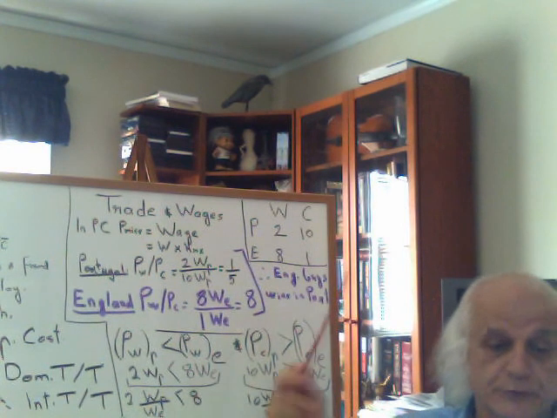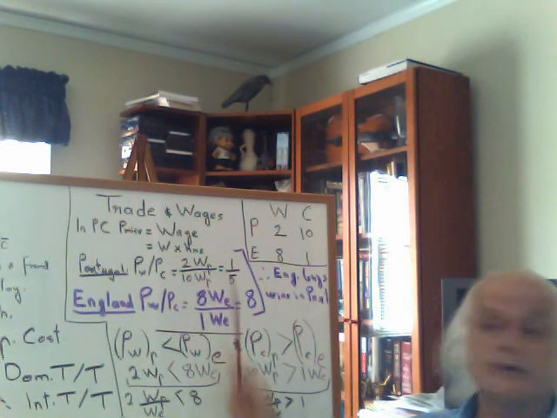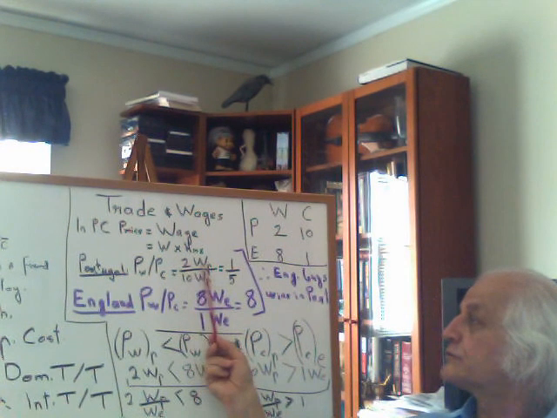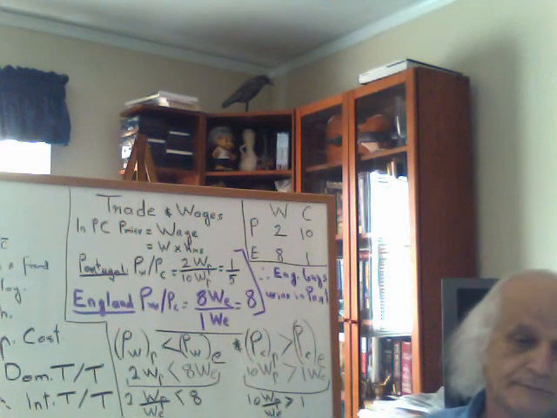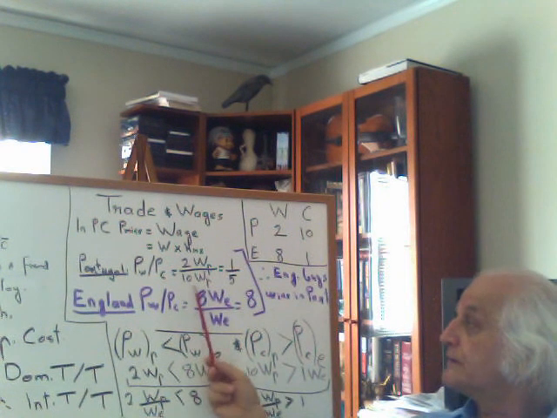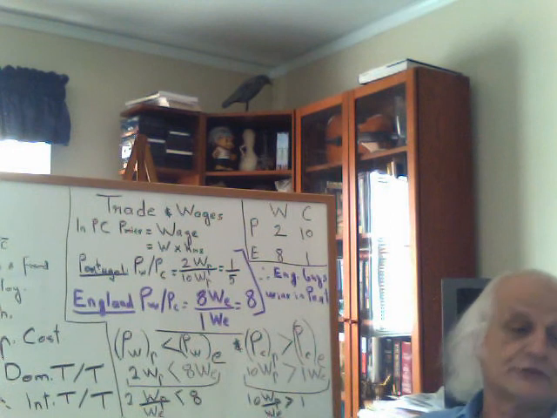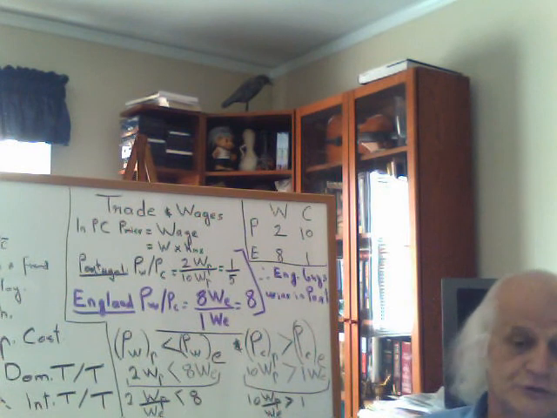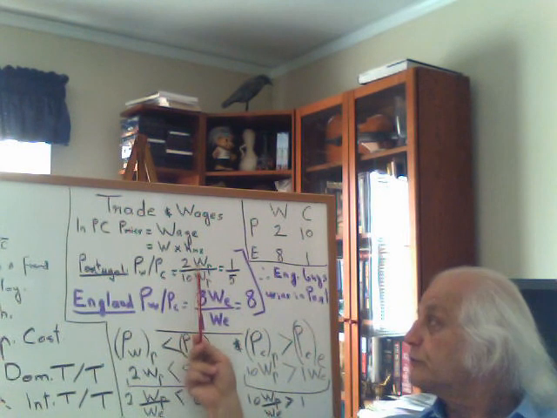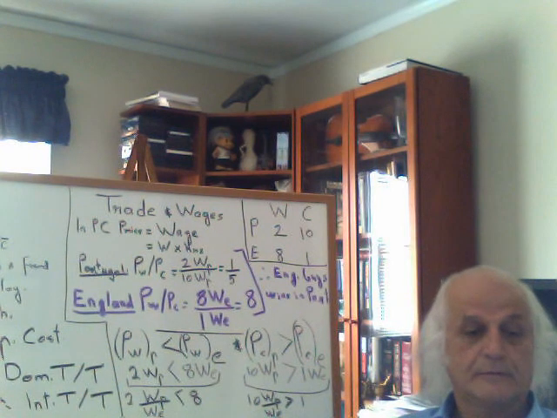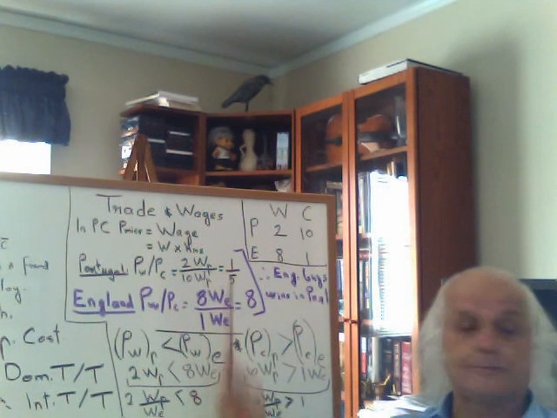I don't know what it is. It could be anything, right? So whatever the wage rate in Portugal, I multiply it by 2. So it is 2 W sub P, which is the price of wine. The price of cloth in Portugal is going to be 10 times W sub P. We assume that it's the same wage rate, so it is 2 W sub P over 10 W sub P. What happens to the W sub P's?